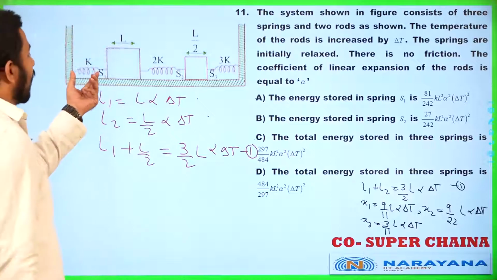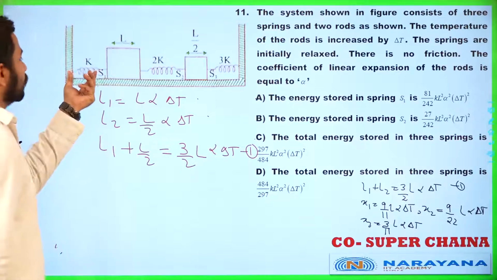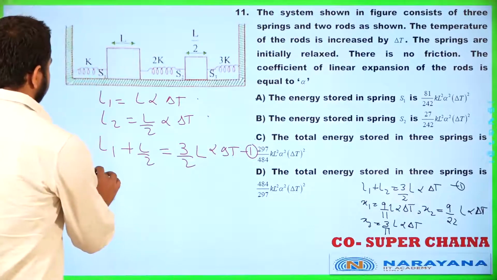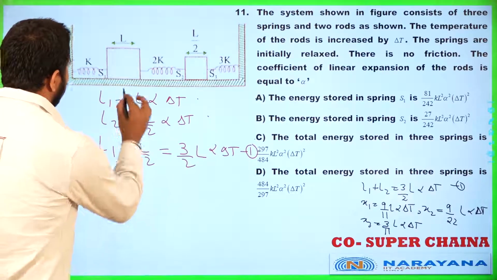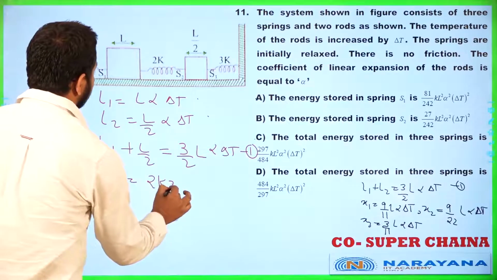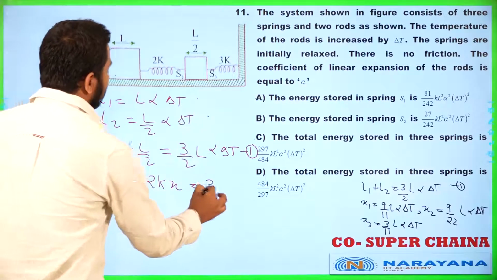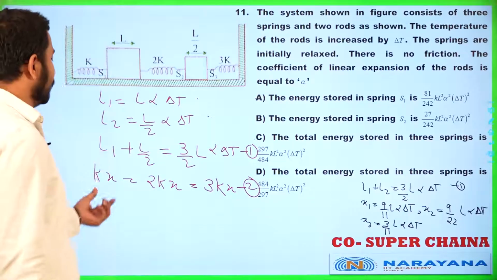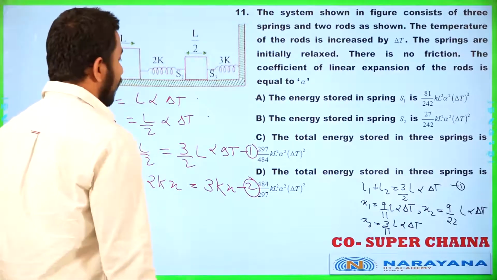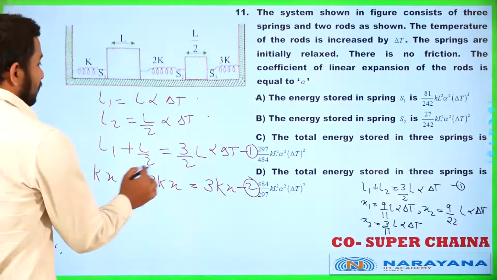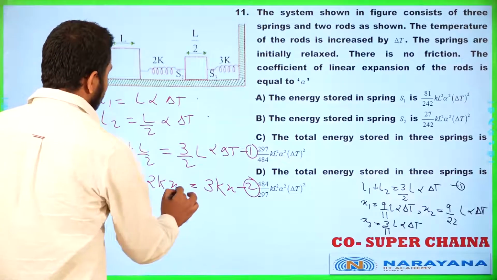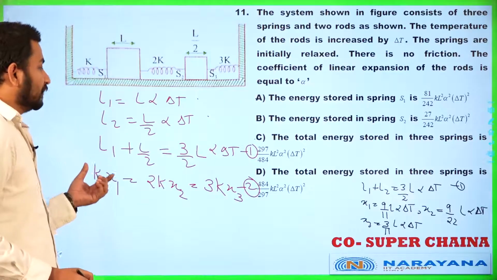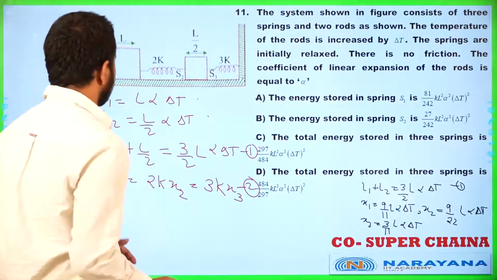Now if I have to find the force, if you equate here, K into x will be equal to 2K into x, will be equal to 3K into x. So this is my equation number 2. If I solve equation 1 and equation 2, I can write this as x1, x2 and x3.